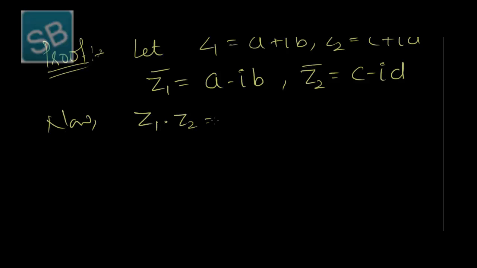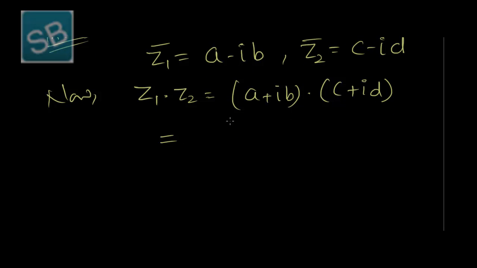Z1 into Z2, that is (A plus iota B) into (C plus iota D). That gives A into C, that is AC, A into iota D, that is iota AD, iota B into C, that is iota BC, iota into iota is iota square into BD.